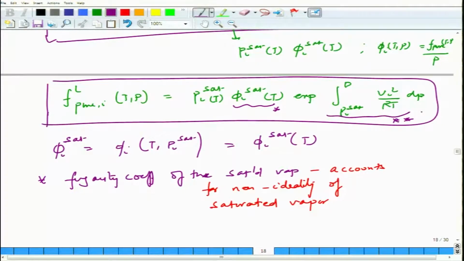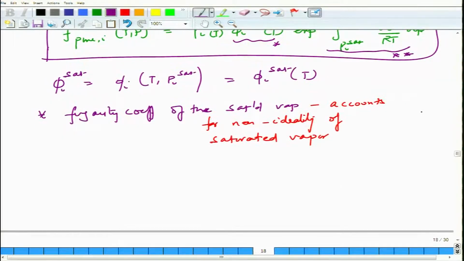As I said already, we often call this the Poynting correction, and what does it account for?